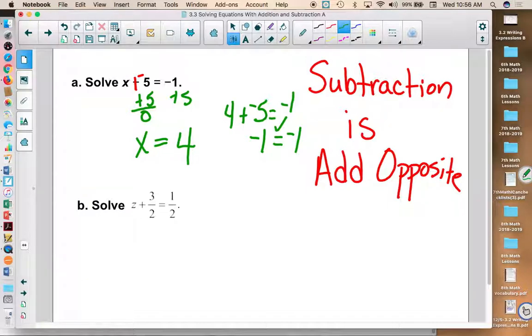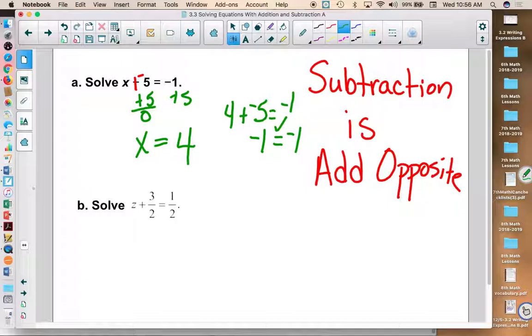Okay? All right. Because I've thrown a fraction in there, does it change what I do? No. So what am I going to do on B to solve B? What do I do, Javen? It's not subtraction, that's addition.